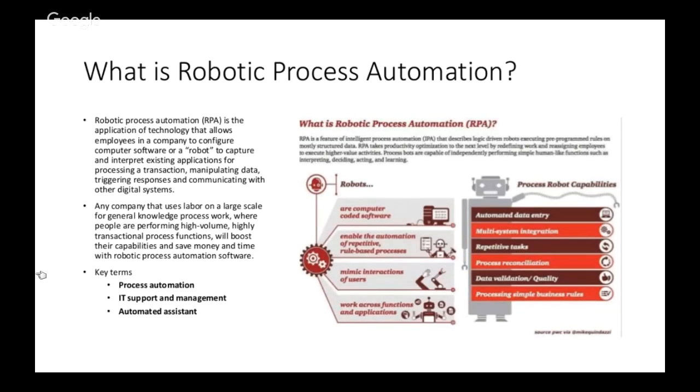Now, the key definition about robots as far as RPA is concerned: these are computer-coded software. They enable the automation of repeated rule-based processes. They mimic interaction of users. This is very key. There can be a lot of kinds of automation you can do. You can do script-based automation. You can do DevOps-based automation.